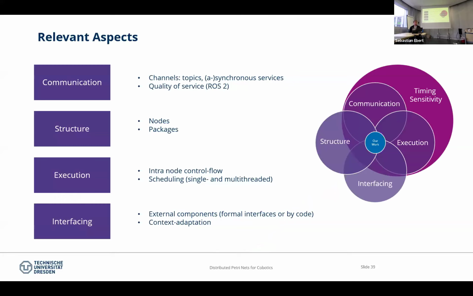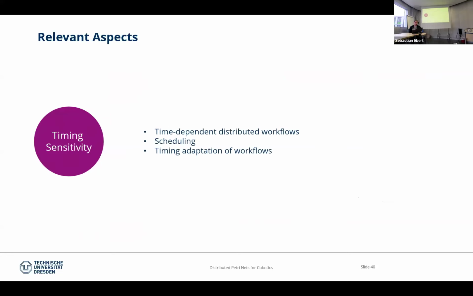The execution is our intra- and inter-node control flow, the scheduling, especially what we just looked at, the single- and multi-thread versions. And we have to care about interfacing because our applications communicate with the outside world. So we need some kind of formal interfaces there to safely adapt our application. And as already shone through, communication and execution are timing sensitive because our workflows are maybe time dependent. We have the scheduling, and we also have adaptations in them.